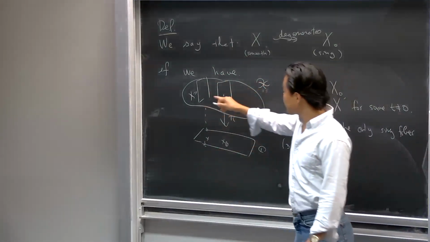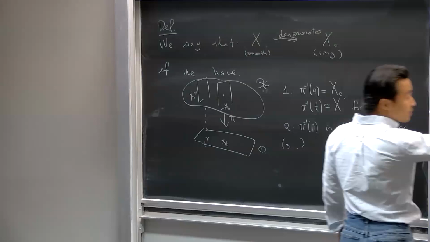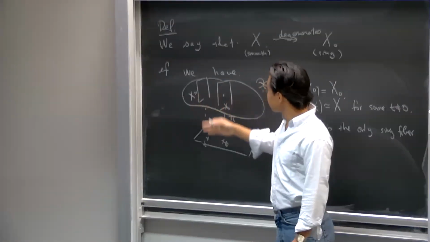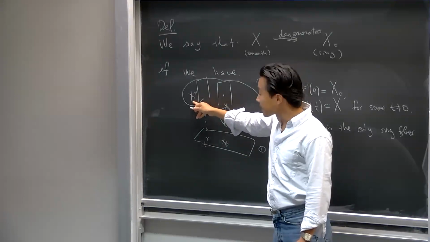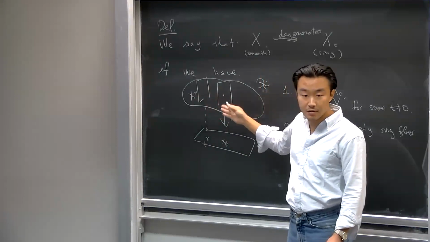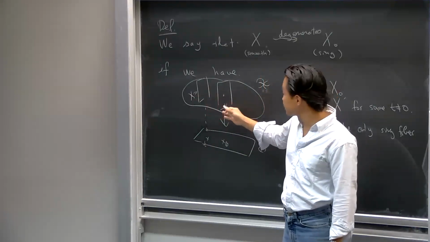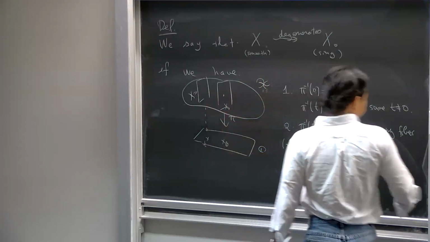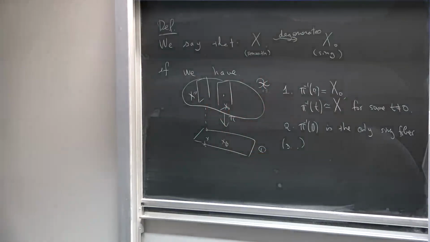So anyway, the problem that I stated over there means: if X degenerates to X0, what kind of singularities does X0 have?